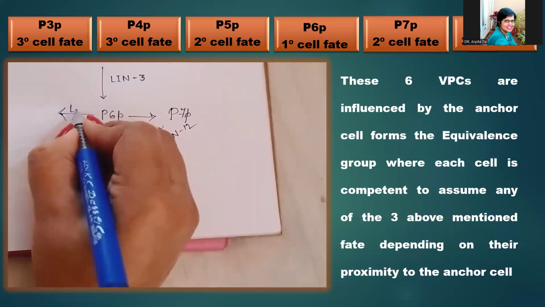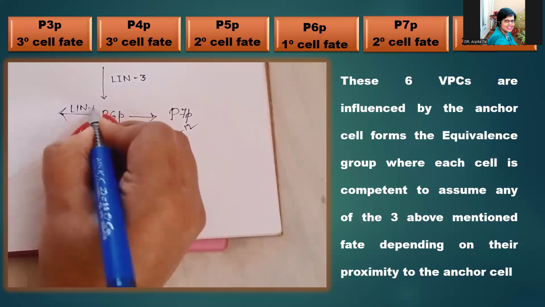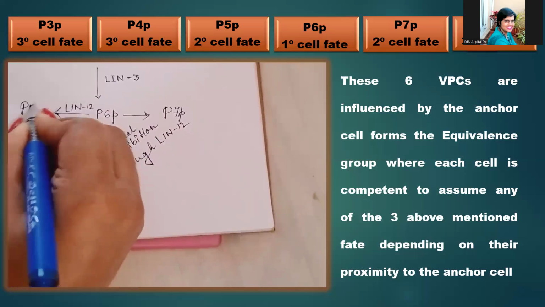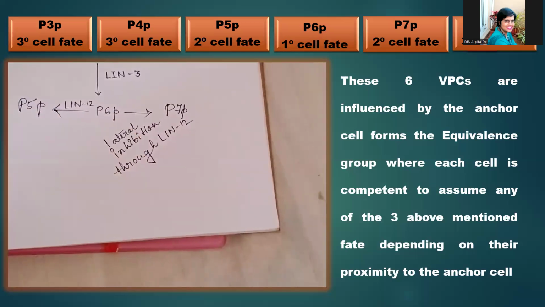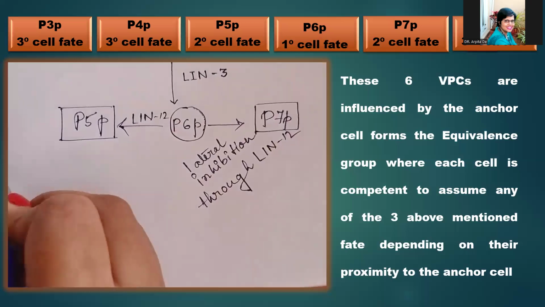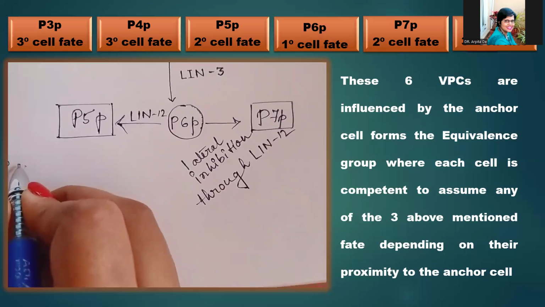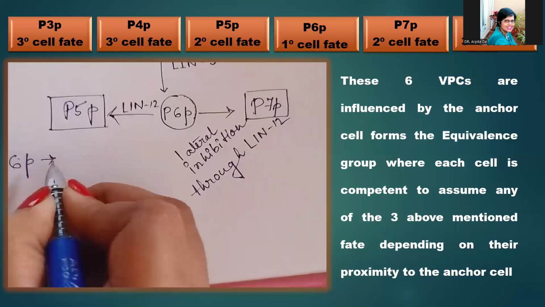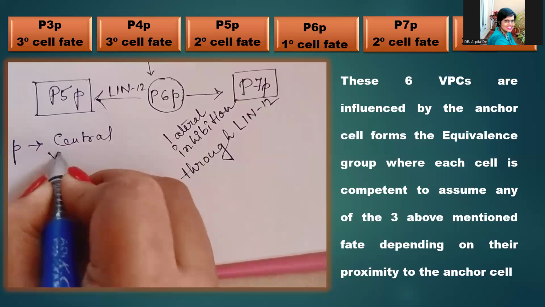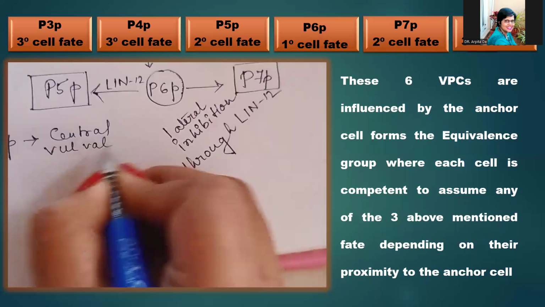These two vulval precursor cells come under the influence of Lin-12. Lateral inhibition occurs through Lin-12. This has to be kept in mind.